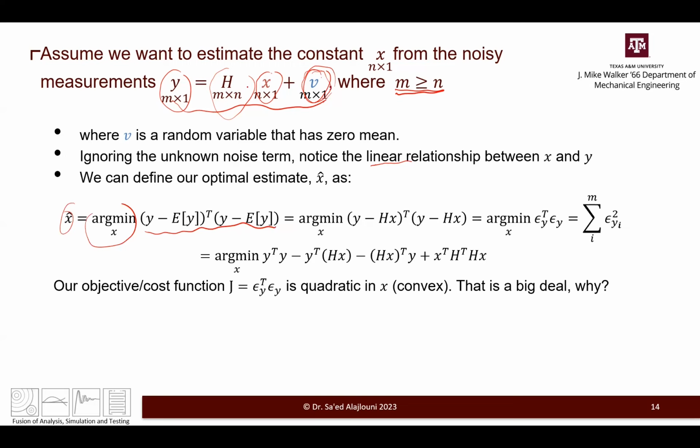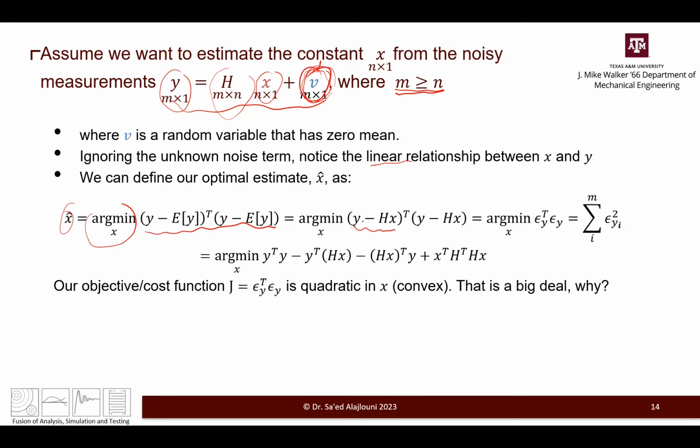So what I'm saying is that this is the noise term, and we don't know what it is. We know what y is, and we know what H is. We can subtract Hx from y, and we get y minus Hx. This will be our error vector, and we're trying to minimize our error vector.